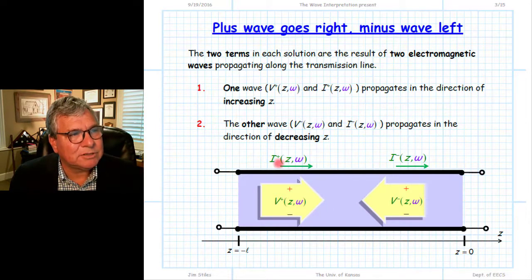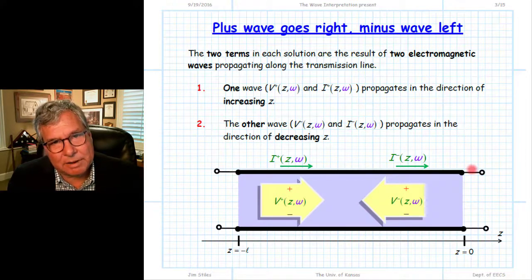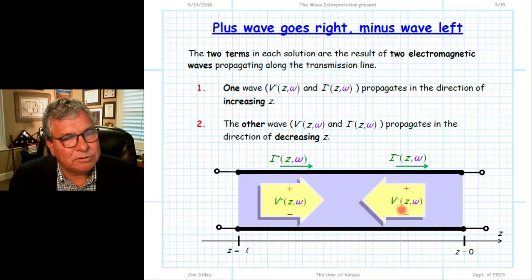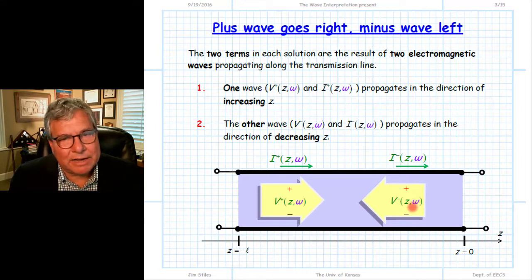The plus current, for example, describes a function at every point along this transmission line from left to right. The minus wave voltage describes a complex function for every voltage along the transmission line, again, from right to left. So make sure that you understand these terms that we separate out here. Again, we've separated them out to understand them physically.